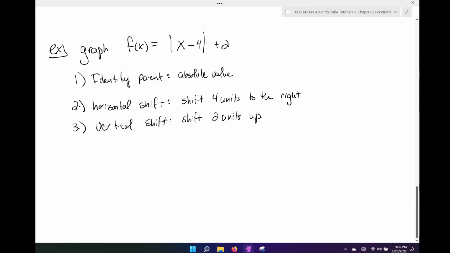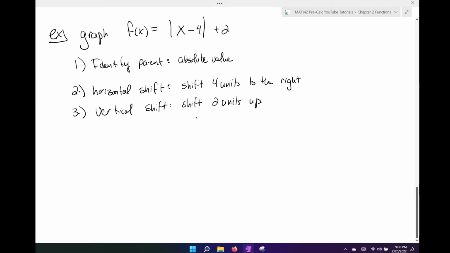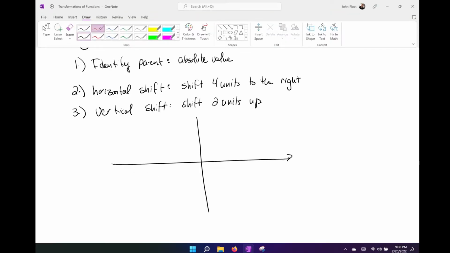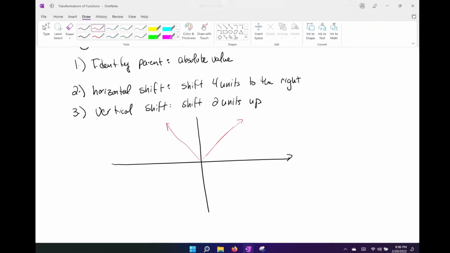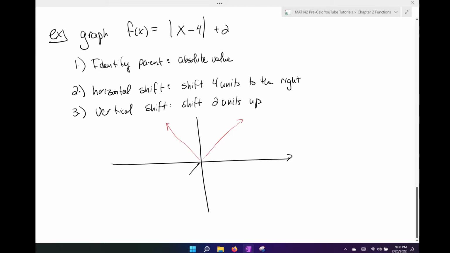Okay? So what I'm going to do first, in red, very lightly, there's our parent function in red. And then I'm going to take that vertex right there. Actually, it's called a cusp. You really learned a lot about that in calculus class.